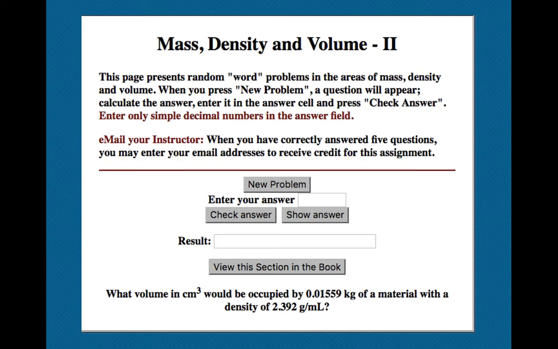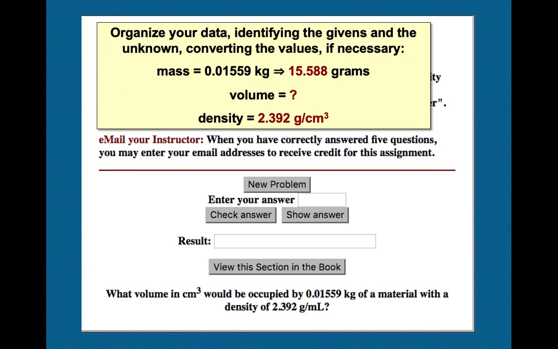Now, mil and cubic centimeter are the same thing. That's no problem. But we're going to have to convert kilograms to grams. Remember, 1,000 grams in a kilogram, so we multiply this by 1,000 to get 15 grams.